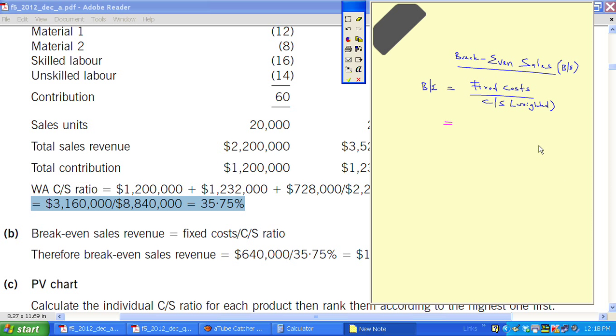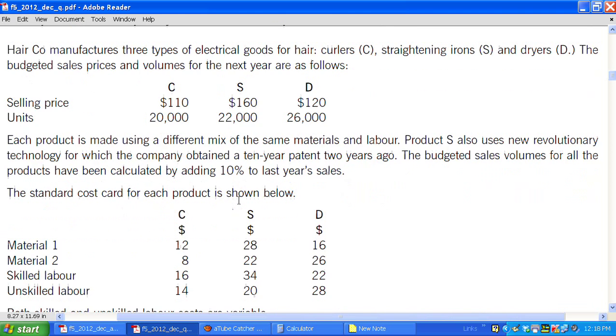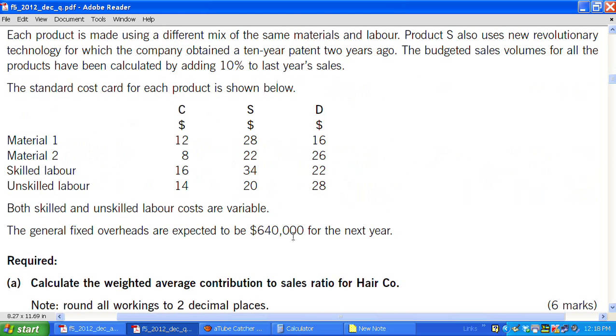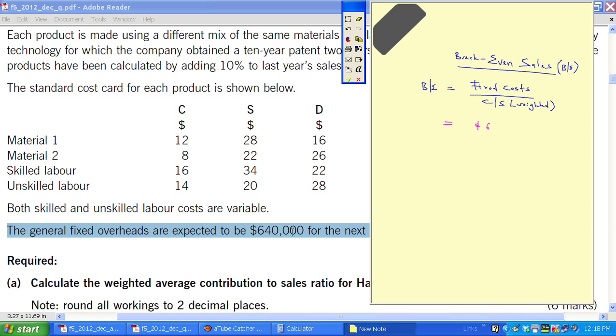So what are the fixed costs? Back to the question. Now, what are the fixed costs? So you see that statement right there. The general fixed overheads are expected to be 640,000. And what is the CS ratio?